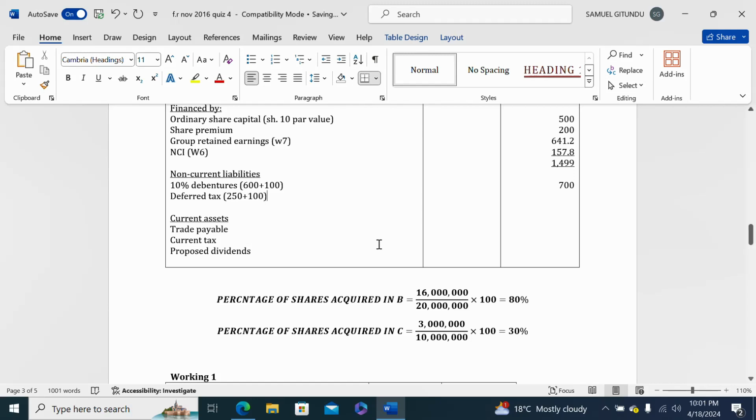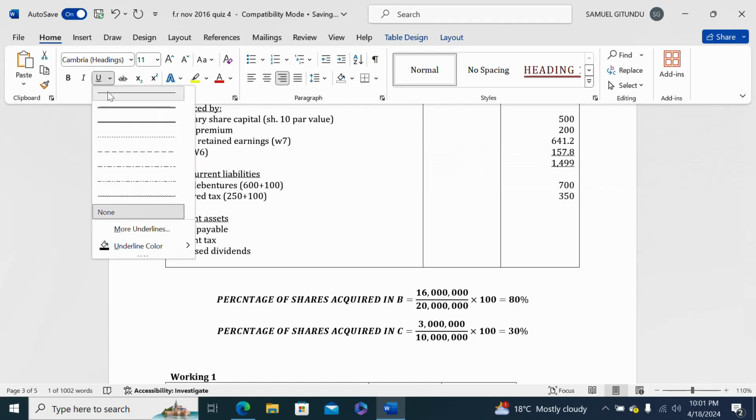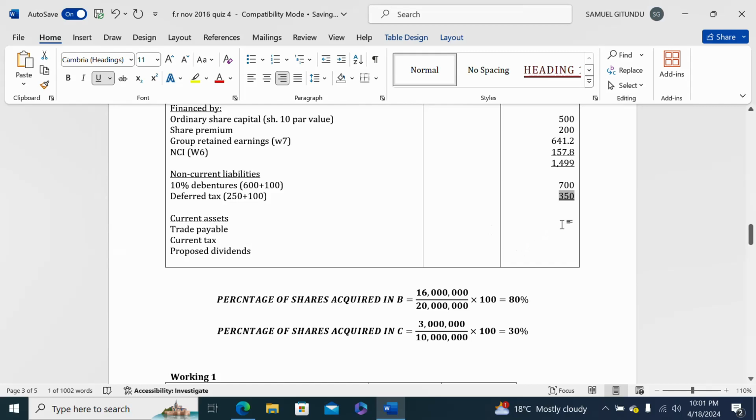So you get your total of deferred tax as 350. So your total non-current liability is 1050.